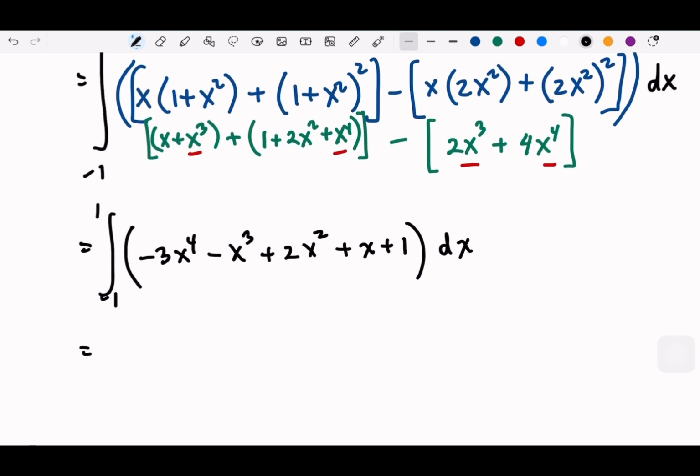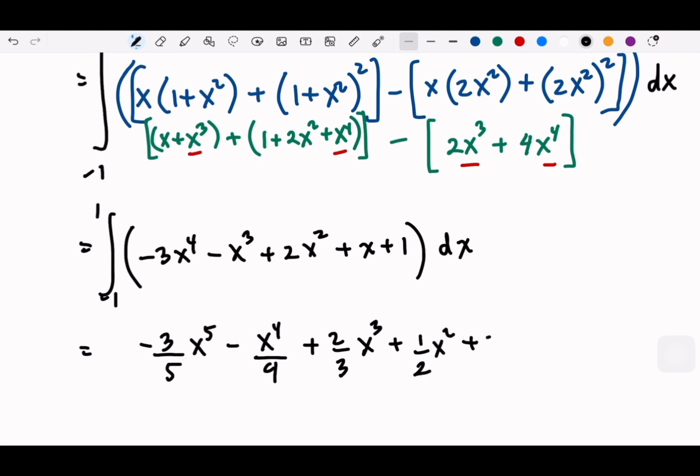So integrating, we have -3/5, this will be half x squared plus x.